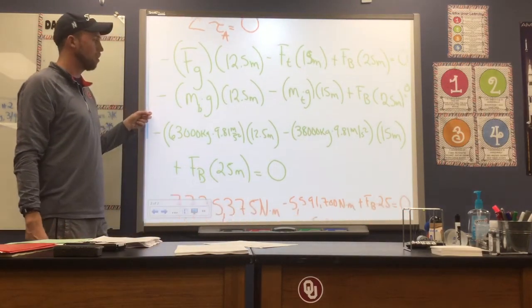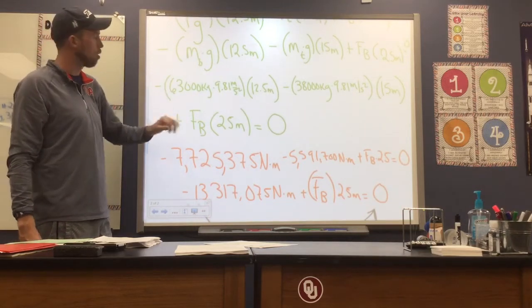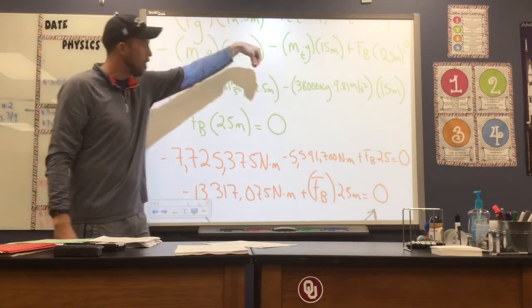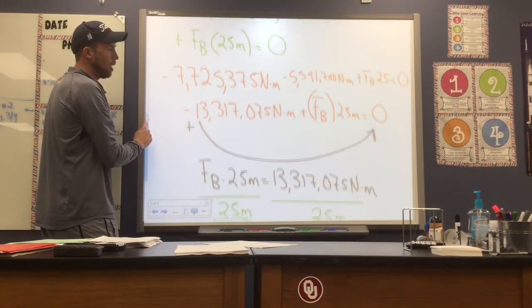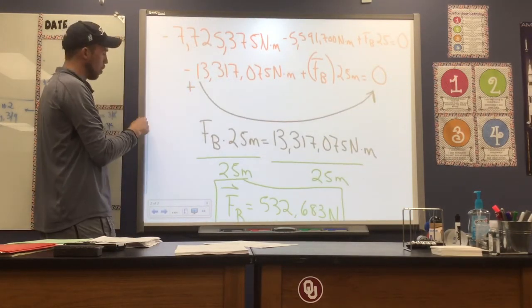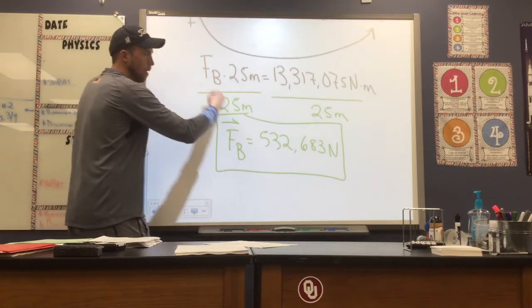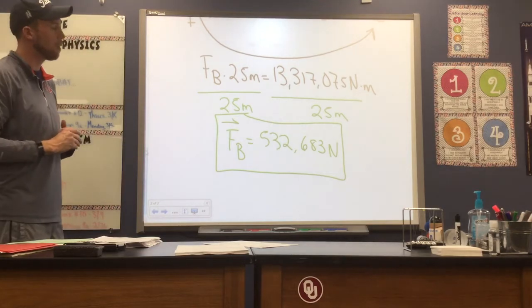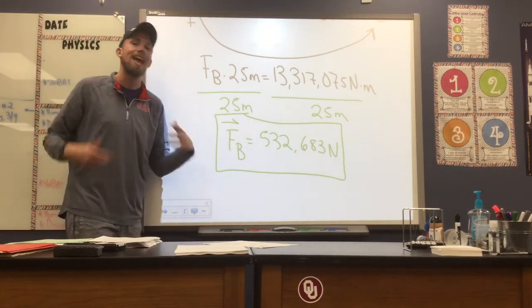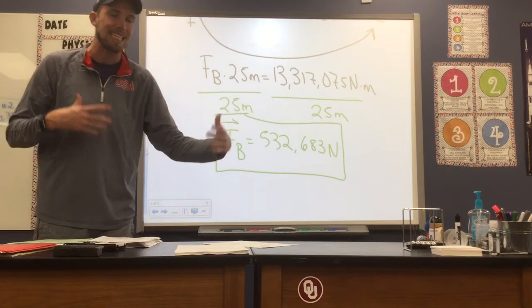And then we started plugging values in. Since these were gravitational forces, we could take the mass of the truck and the mass of the bridge, multiply by g to find our force. Then we used that force and distance to find a torque. We summed up our torques, moved a value over, and divided by distance to find our force at point B. So this is really the heavy lifting involved with problems 8 and 9.